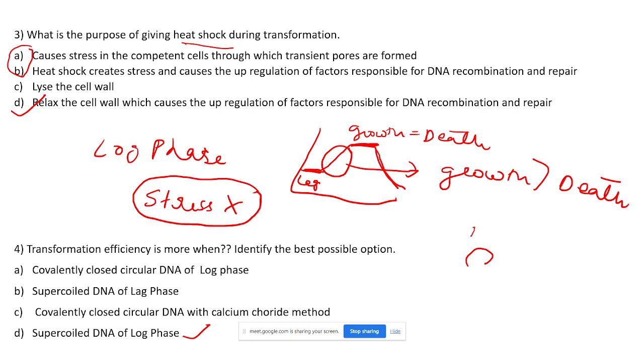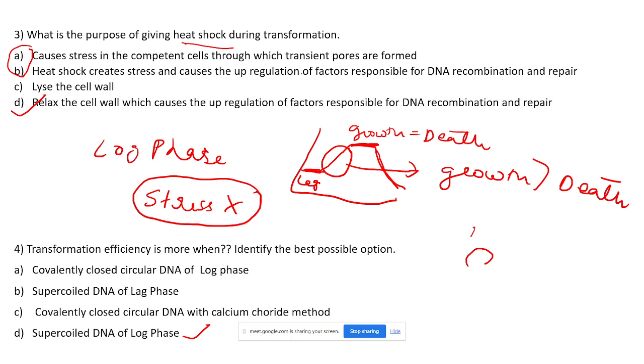So when you are giving heat shock, it is relaxing the cell wall. But you have to understand that you cannot say, okay, if the heat shock is relaxing the cell wall, then I will keep it for half an hour so that more and more ligated product or vector will be taken up. No. There is a time limit of only some seconds.